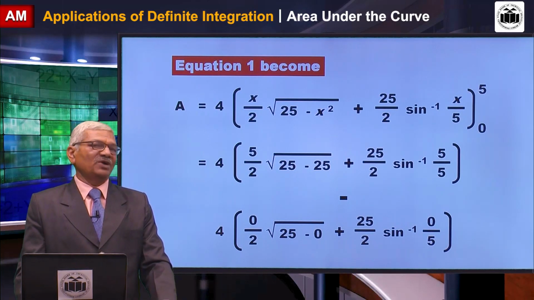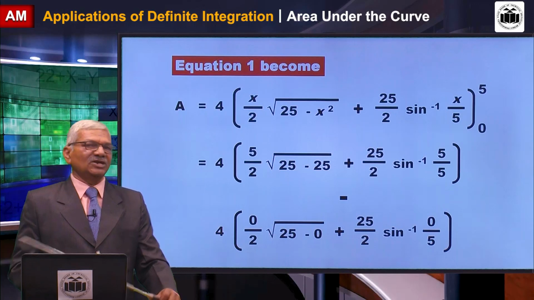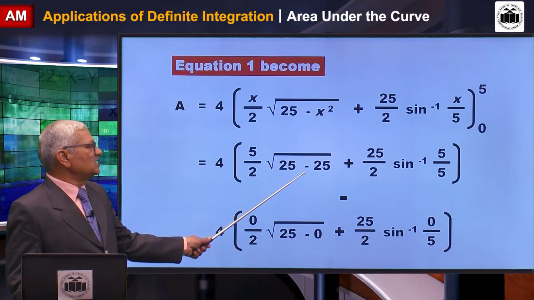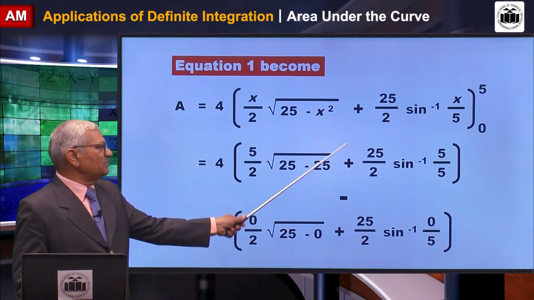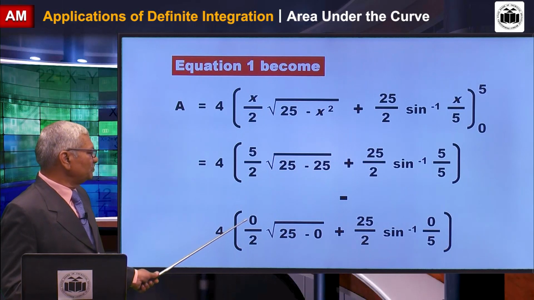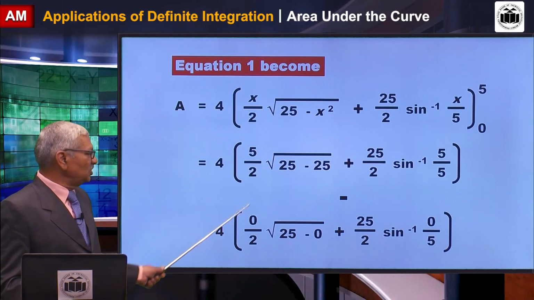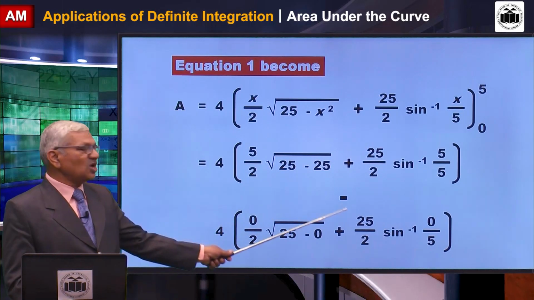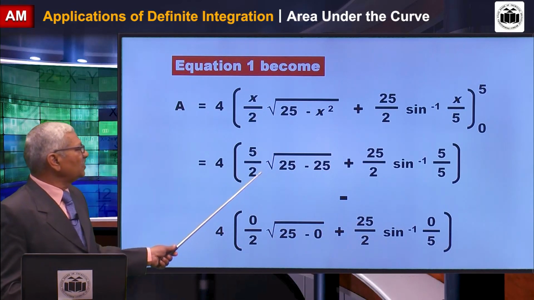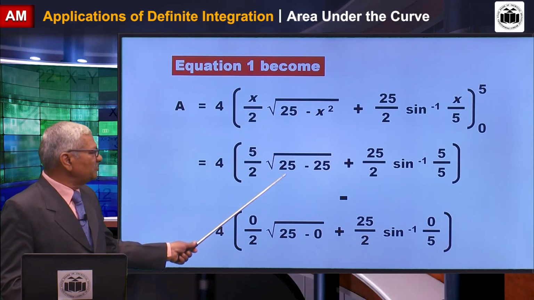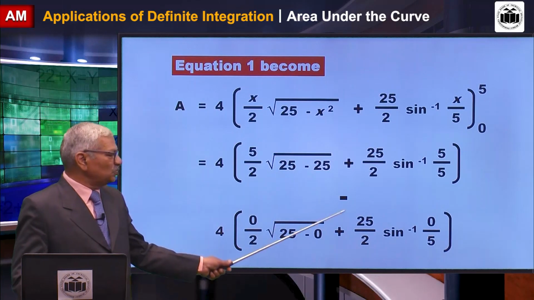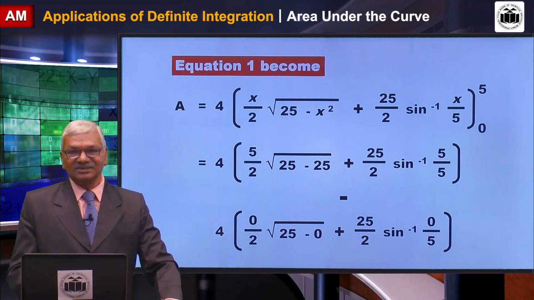If you apply your present knowledge of mathematics, 25 minus 25 is 0, and 5 upon 5 is 1, that is sine inverse of 1. Again, it is 0 because x is 0. 0 into anything is 0, so this term becomes 0. Sine inverse of 0 is 0, so this term becomes 0. So the first term, 25 minus 25, becomes 0, the third term is 0, and the fourth term is also 0. So what will you get then?